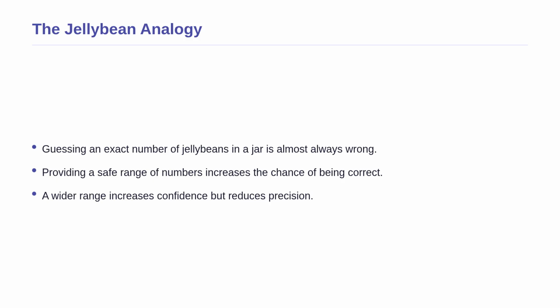To begin, imagine you are trying to guess the exact number of jelly beans in a massive glass jar. If you just give a single number, like exactly 452, you are almost certainly going to be wrong. However, if you say that you are fairly sure the number is somewhere between 400 and 500, you have a much better chance of being correct.